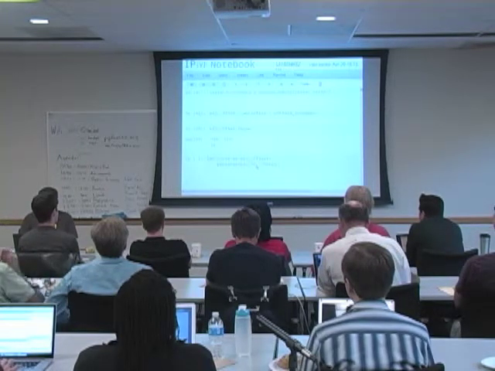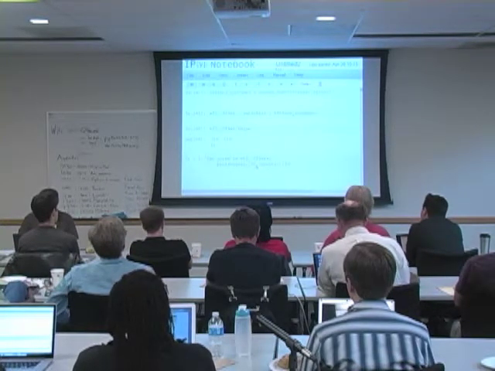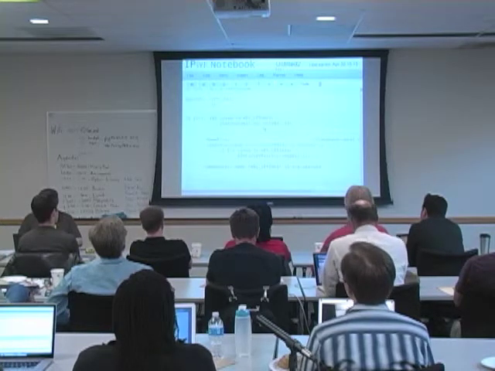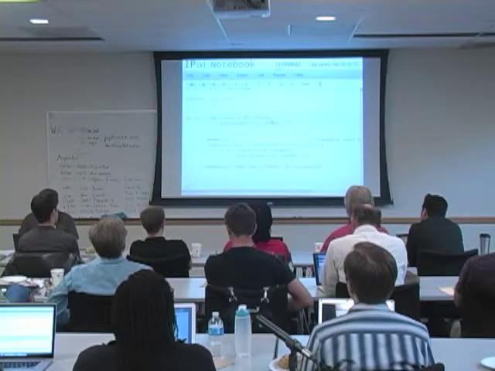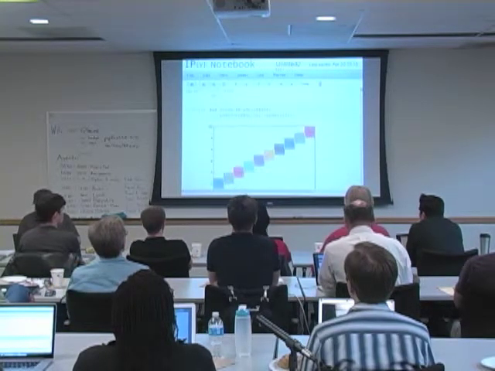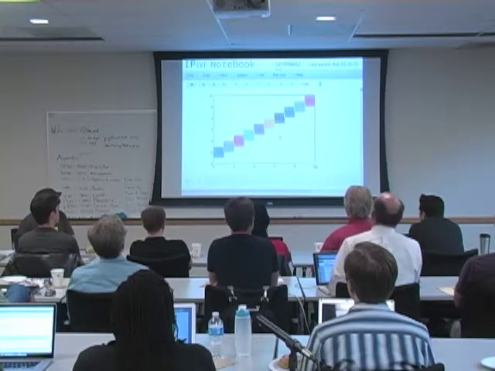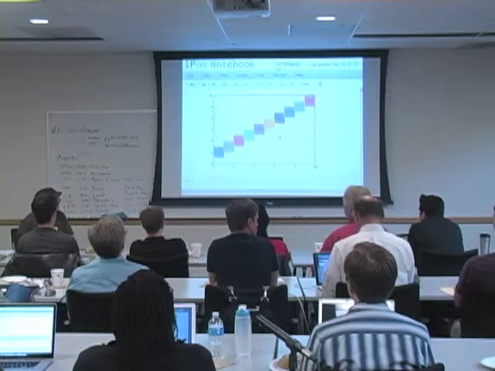And then this is the Y. That's an example of broadcasting by adding a redundant dimension.